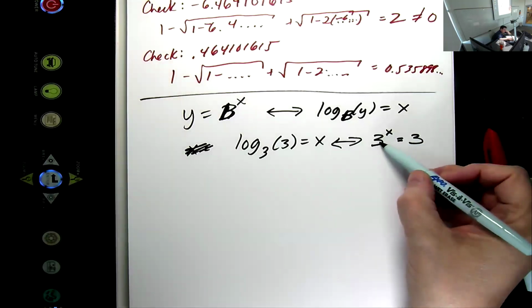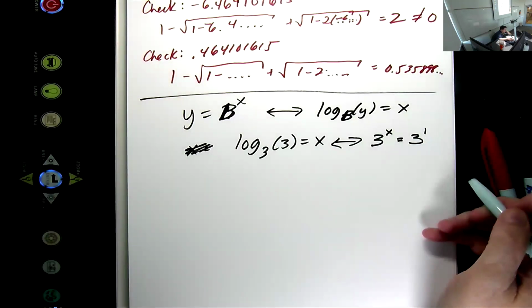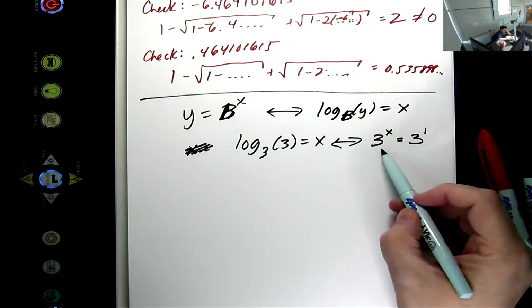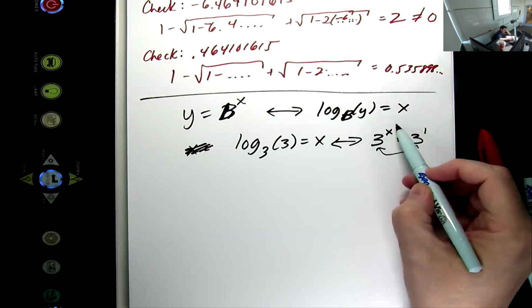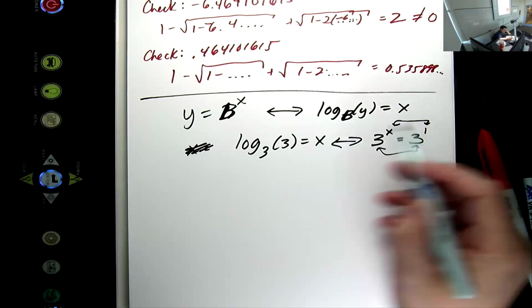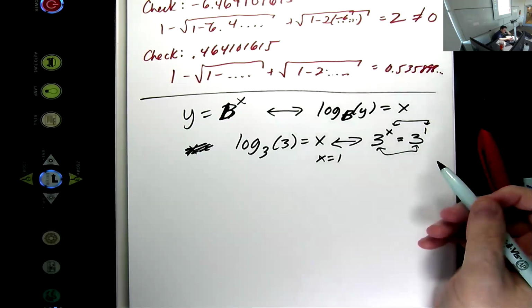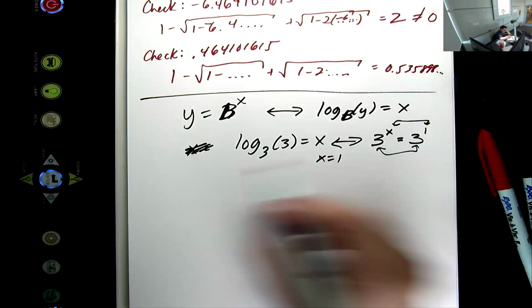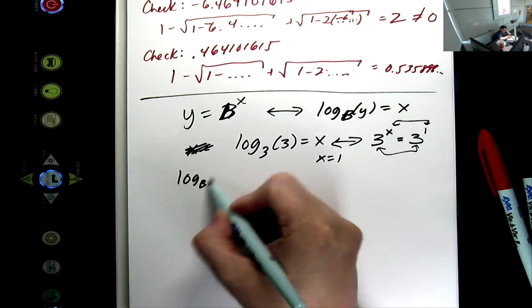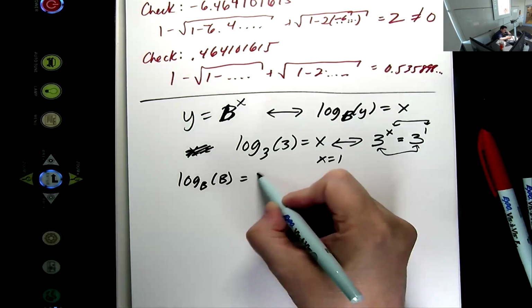The only way 3 to the x equals 3 to the first power is if the bases are equal, the exponents have to be equal, so x equals 1. This is true for any base. Log b of b equals 1.